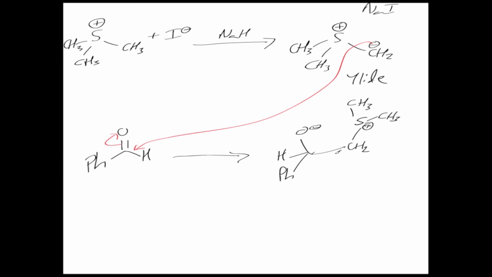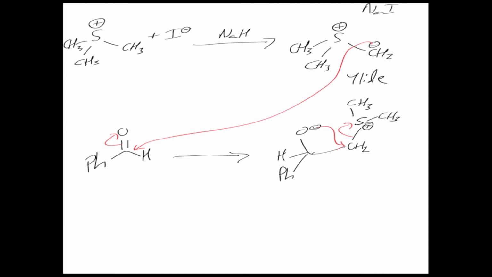benzaldehyde. So the next step is to form the epoxide, and that's done quite easily by having a fine leaving group there in the form of the dimethyl sulfonium species. So the oxygen can kick out the dimethyl sulfonium ion as an excellent leaving group to form the epoxide.